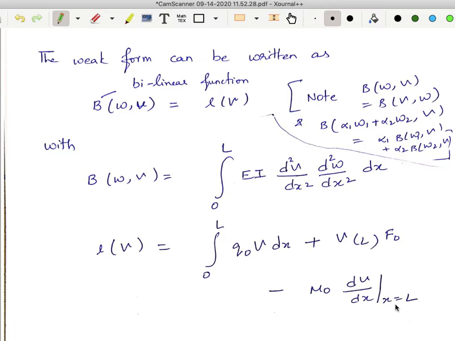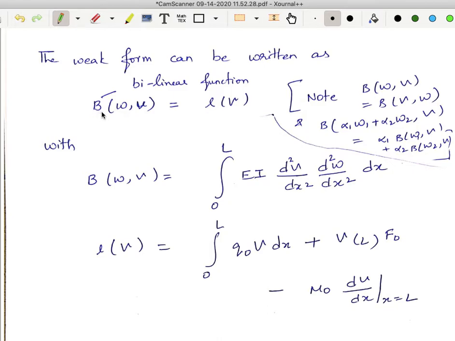So we simply took the weak form, put the terms involving v and w on the left hand side and terms involving only v on the right hand side. The left hand side term we are calling b of w comma v, and the right hand side term we are calling L of v. Now let us look at some interesting properties of these functions.